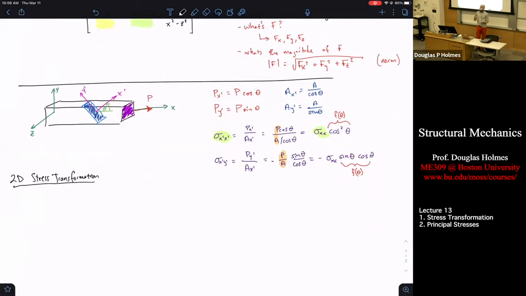So, as you may recall, it doesn't matter if you recall this or not, there's basically two things you can do. So one is, here's your object. It's a rectangle. And here's your coordinate system.